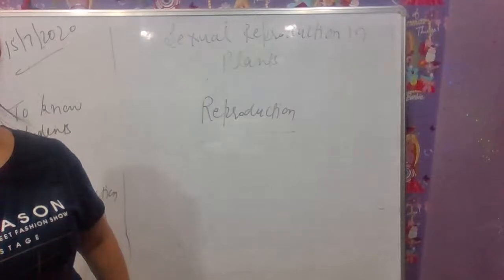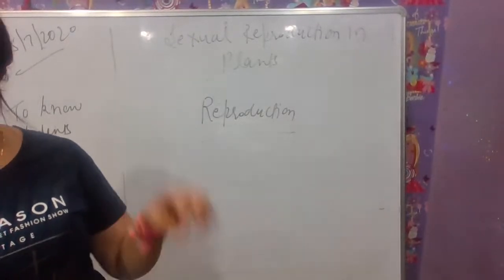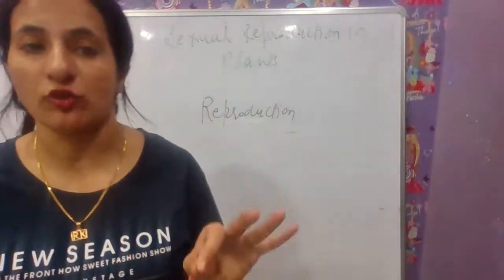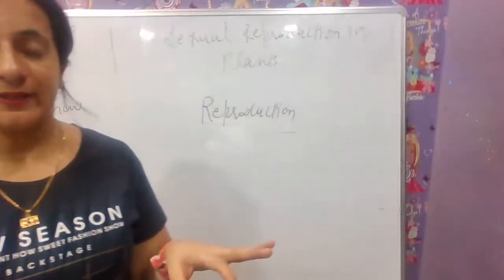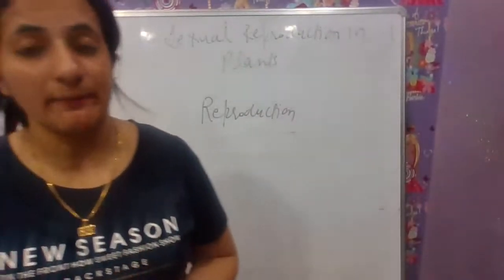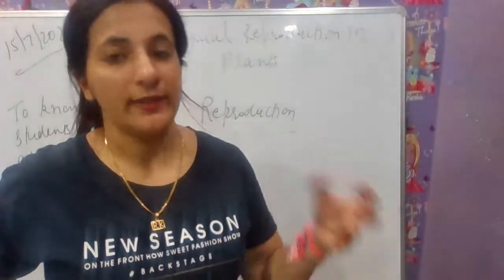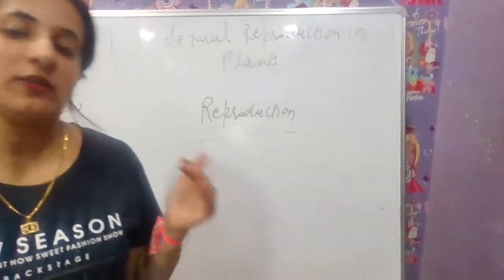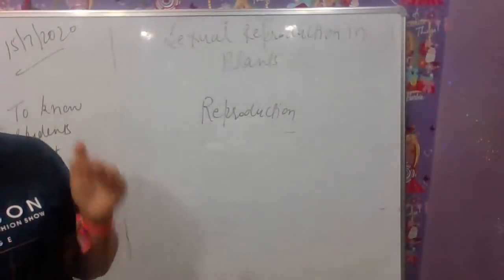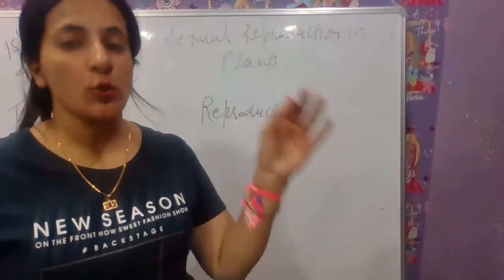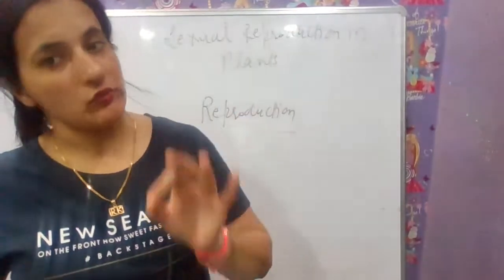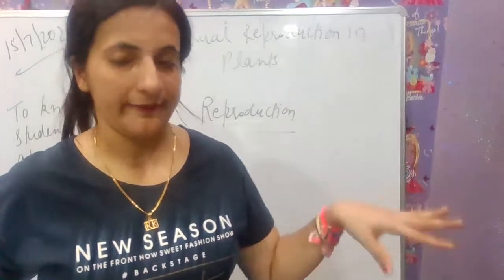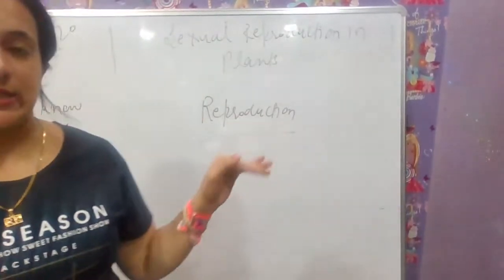Second, variation drives evolution and plays an important role in the origin of new species, like new characters sometimes form and create a new species. Third, it maintains chromosome number in future generations. This we discussed in yesterday's lesson.